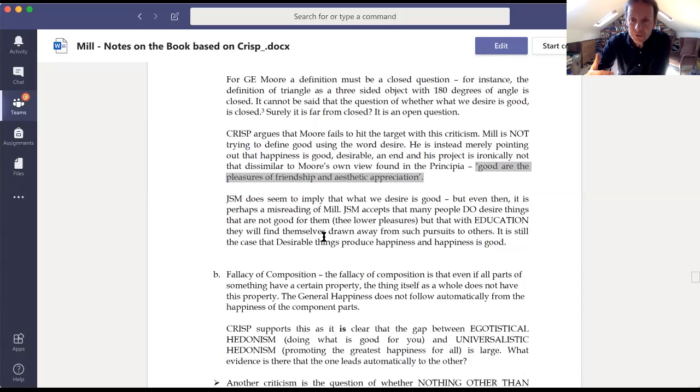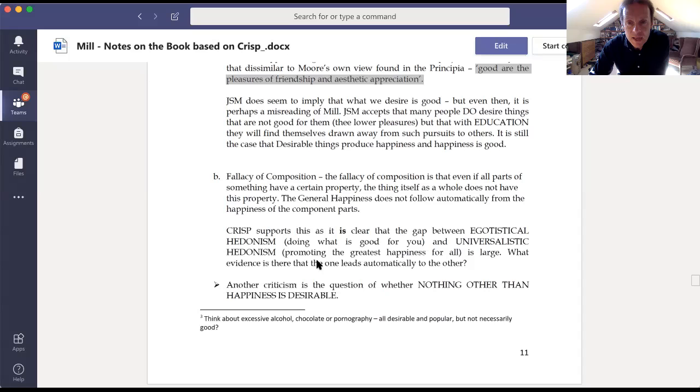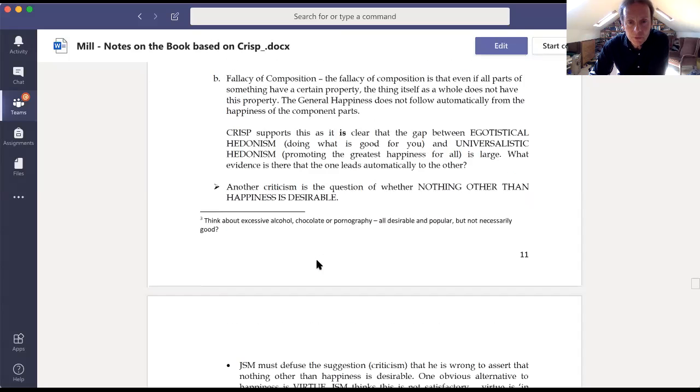So Mill has great faith in education, that if we roll it out and it becomes widespread, then just like he was a blank slate, every other child is a blank slate, and you can really create transformations in society if education, primary education particularly, becomes widespread. Crisp supports this, as it's clear that the gap between egotistical hedonism and universalistic hedonism is large.